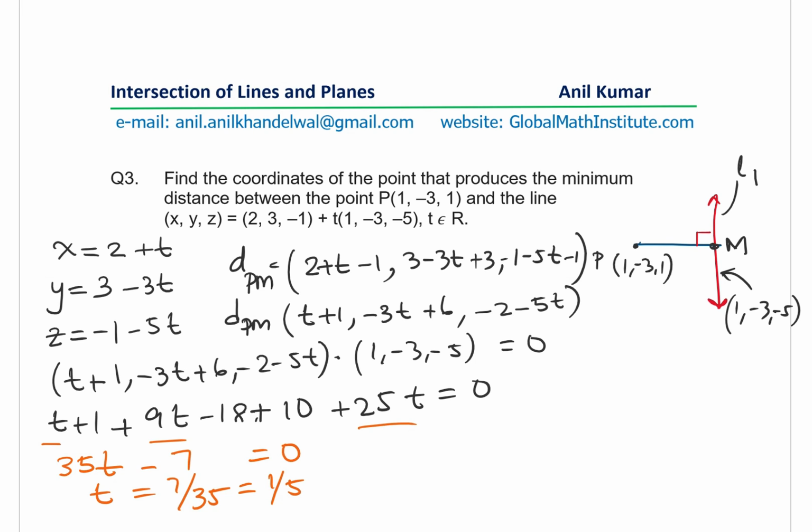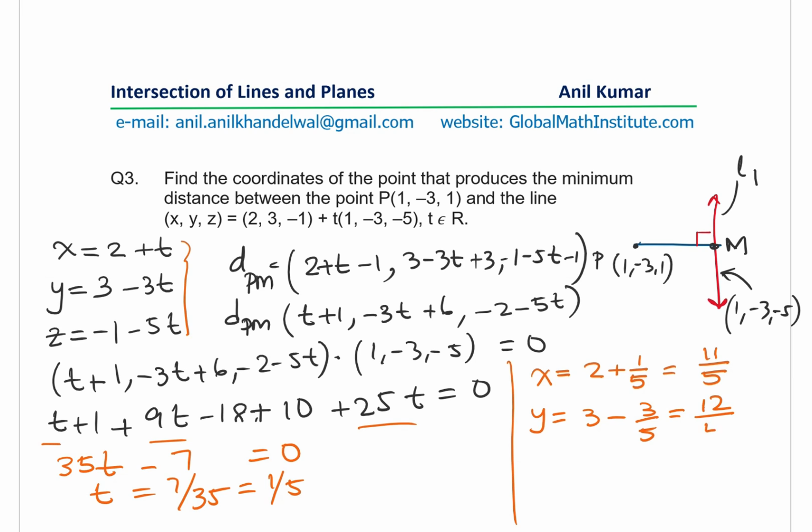Now we can find what the point is by substituting t in this particular expression. So we have the x value equal to 2 plus 1 over 5, right? Because t is 1 over 5. So that is 10 and 1, 11 over 5. Y value is 3 minus 3 times this, so minus 3 over 5. 15 minus 3 is 12, 12 over 5.